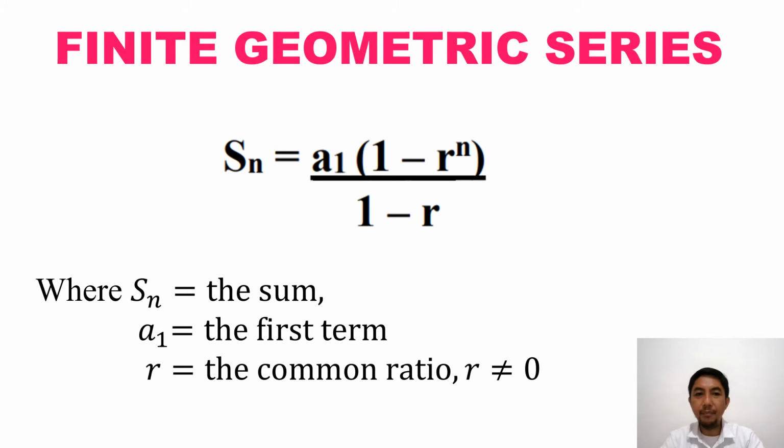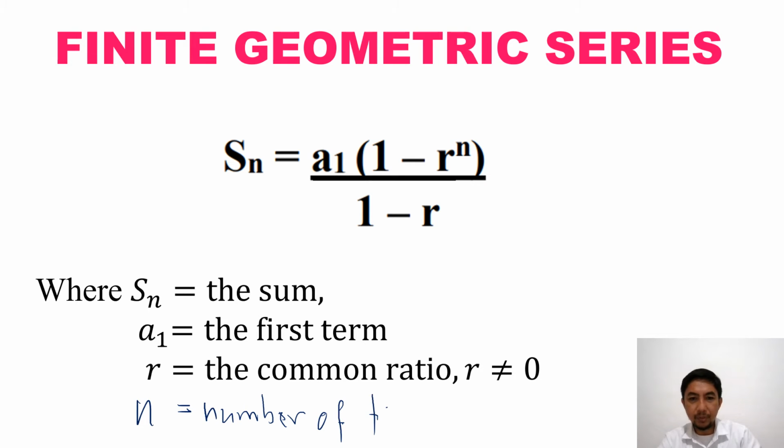S sub n is the sum. a sub 1 is the first term. r is the common ratio, provided that r is not equal to 0. And of course, I forgot to include n. n means the number of terms.